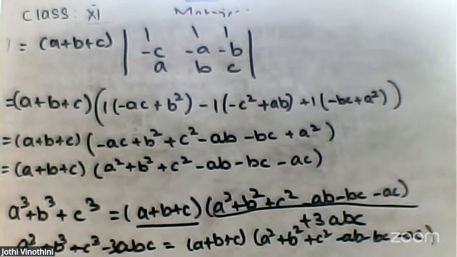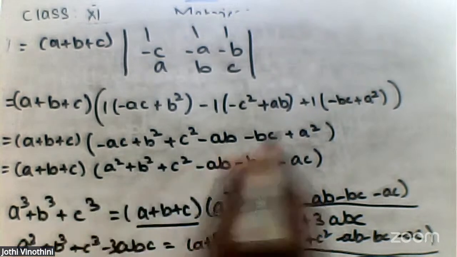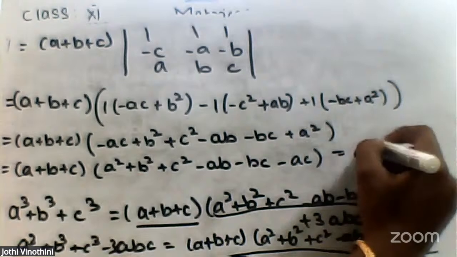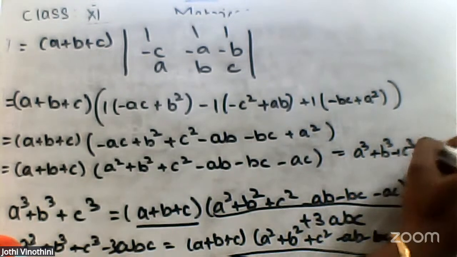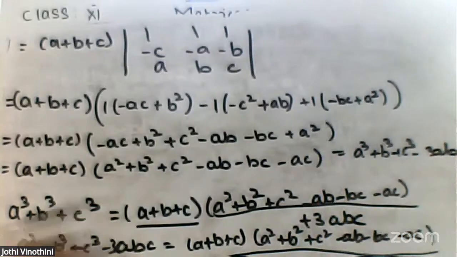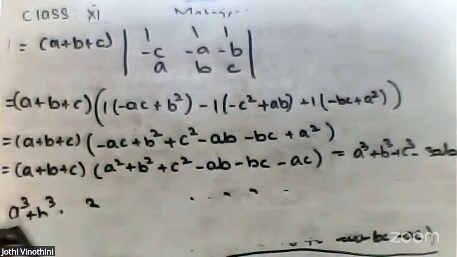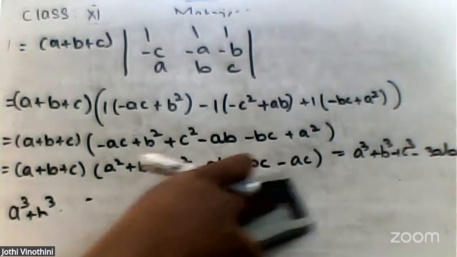Right? So now we are very clear that this will equal this. So I can replace this term by this term. So it equals A cube plus B cube plus C cube minus 3ABC. So what do I have to prove?